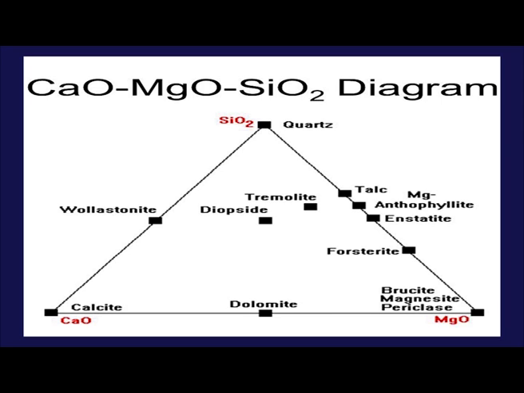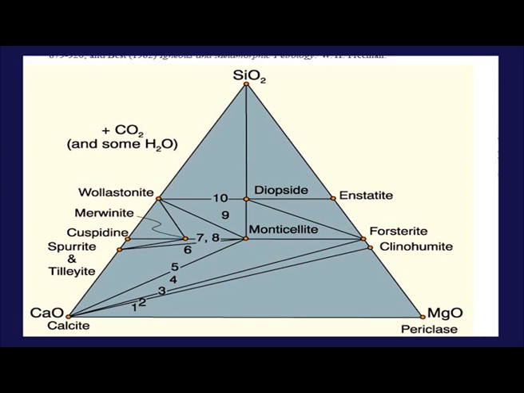C equals CaO, M equals MgO and S equals SiO2. Let's plot the following minerals: forsterite, Mg2SiO4, enstatite, MgSiO3, diopside, CaMgSi2O6, calcite, CaCO3, quartz, SiO2, periclase, MgO.